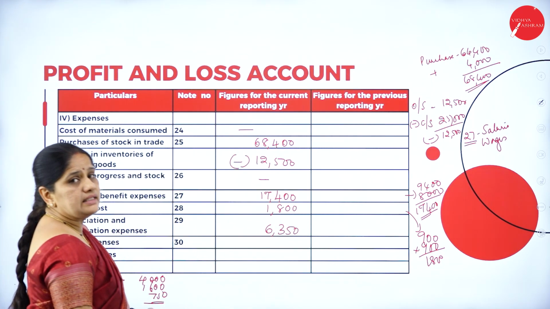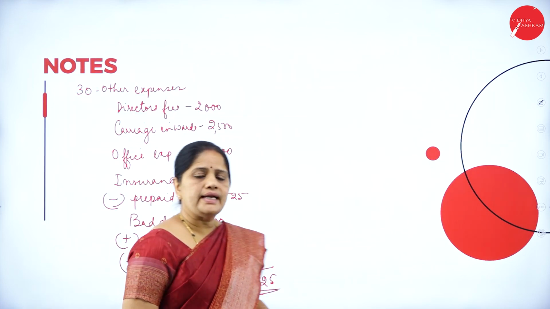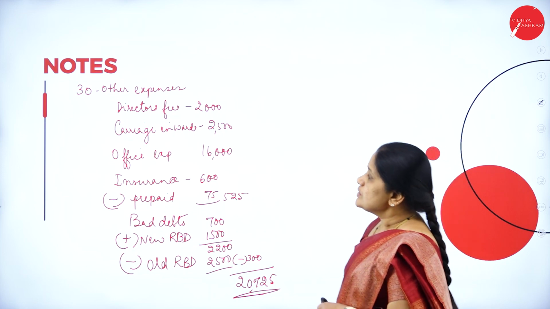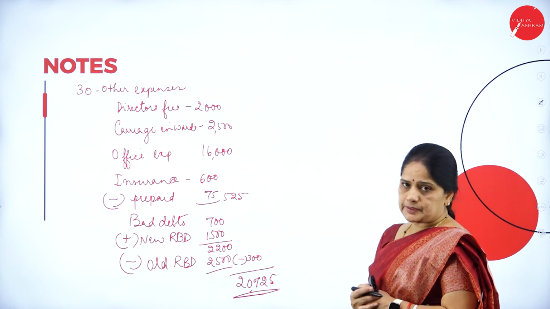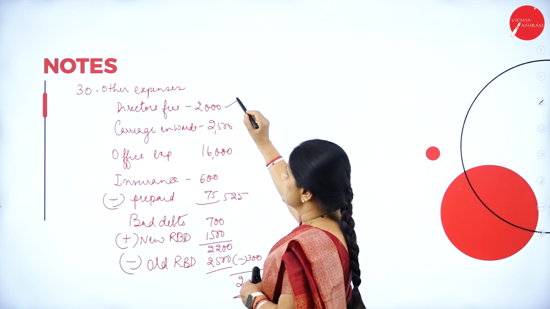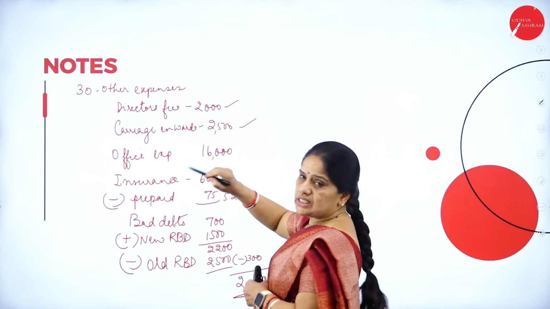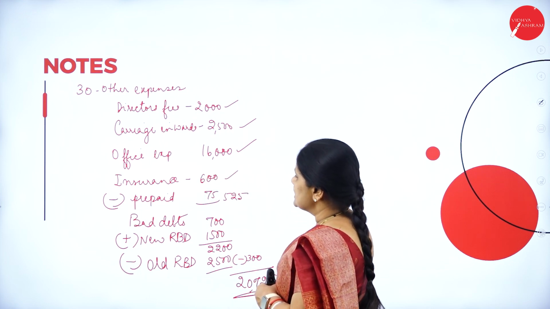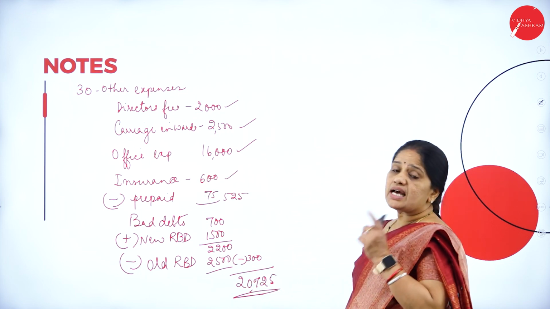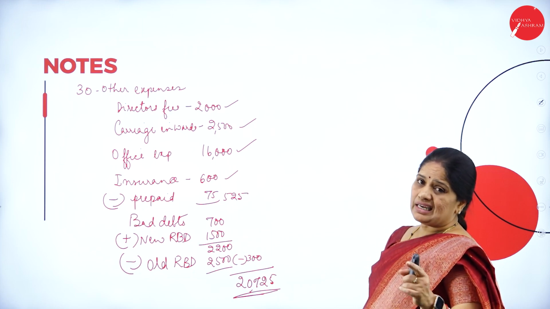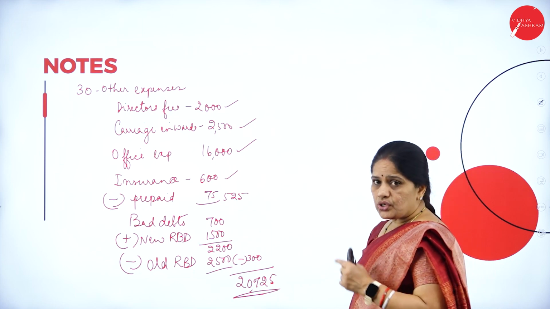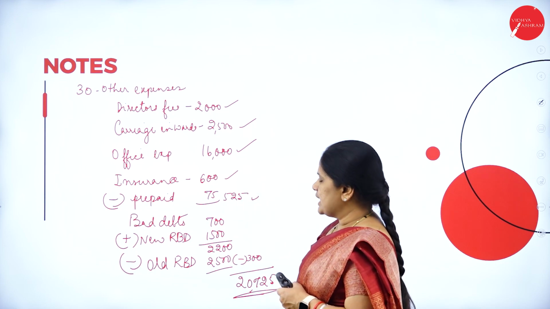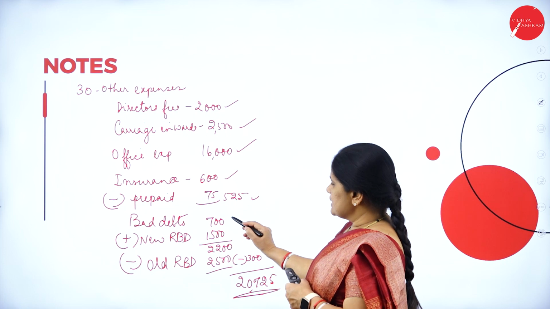Then under the heading Other Expenses, I have written the calculations in this slide here. So what are the things that will come under other expenses? One is the director's fees, 2000, carriage inwards, 2500, office expenses, 16,000, insurance, 600, but insurance has been paid for a period of 1 year up to next June. So for 3 months, whatever extra we have paid, I have deducted. Then bad debts is 700.